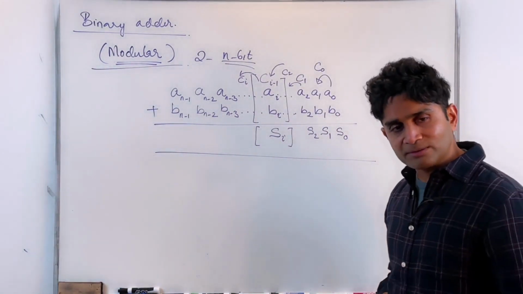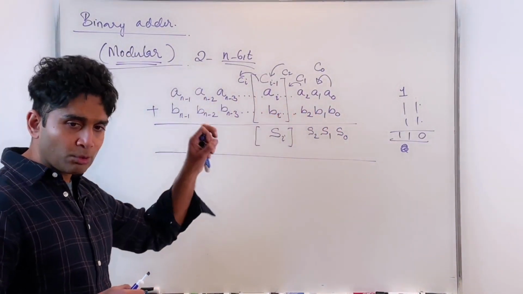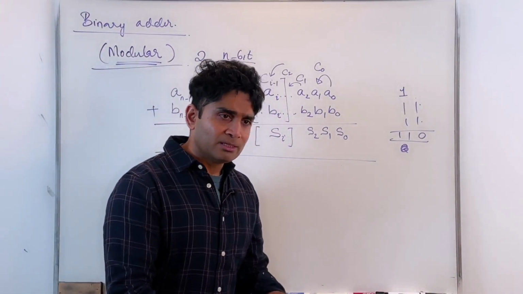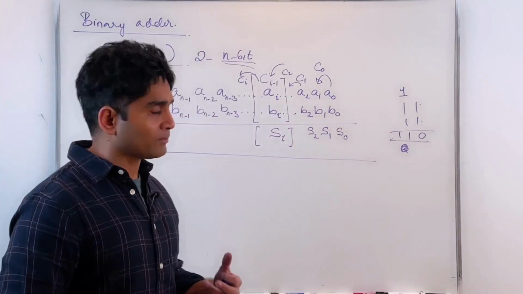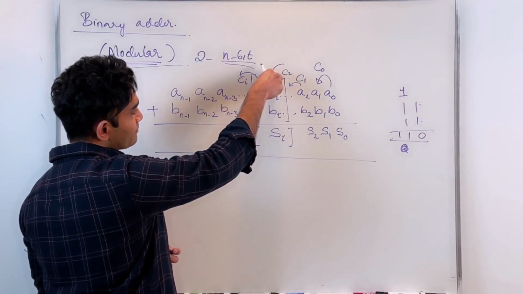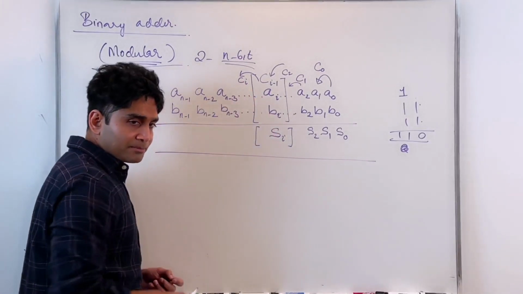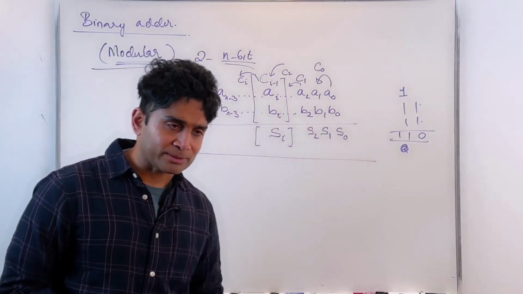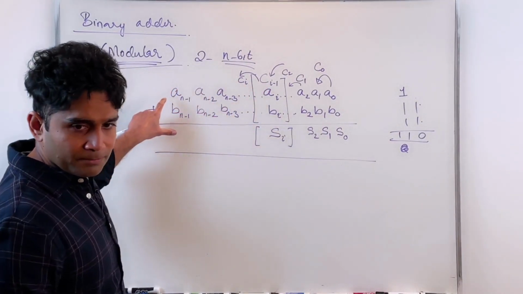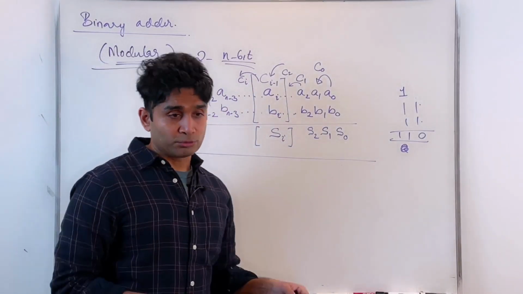Now, if you notice clearly, at every individual bit position, I'm doing the exact same operation. Of course, my inputs may be different, but the operation itself is identical. I'm adding those two bits along with the previous carry, producing an output sum and an output carry. And this exact same operation is repeated at every bit position. So that's good news.